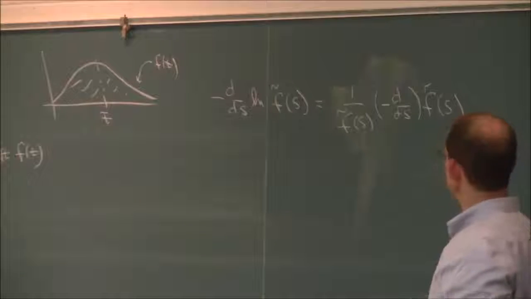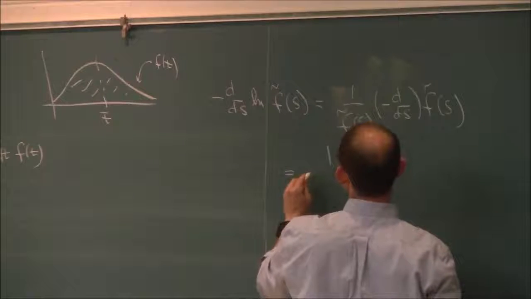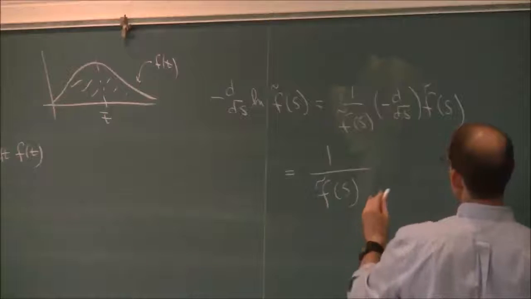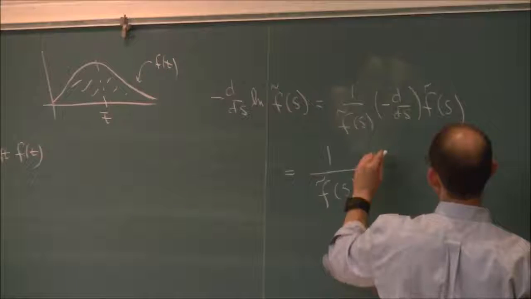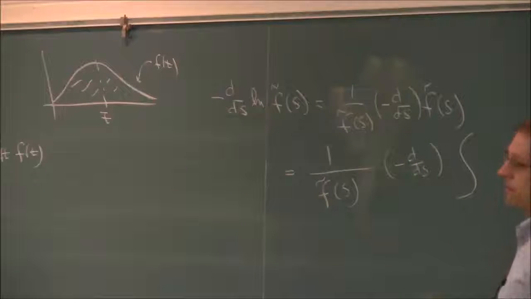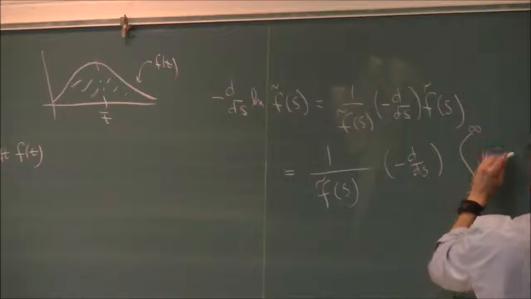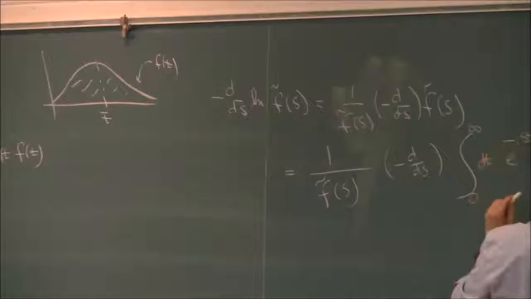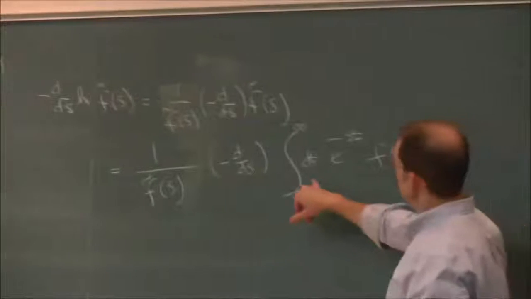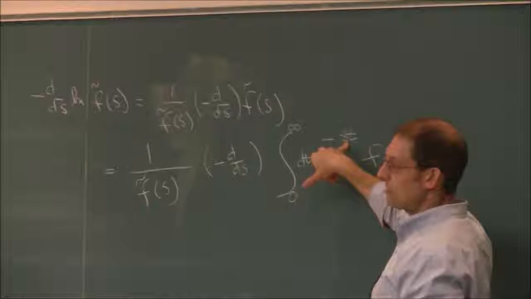That's just the chain rule. So this is 1 over the Laplace transform, and then minus d/ds of, now we'll just put in the definition of the Laplace transform, the integral from 0 to infinity dt e to the minus st f of t. And the only dependence on s is in the exponent.